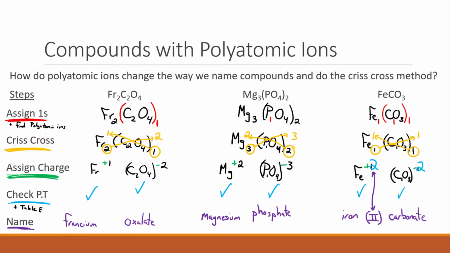The Roman numeral always represents the charge of the positive ion. If this was a +5 and that was possible, this would be a 5. If this was a +1 and that was possible, this would be a 1.